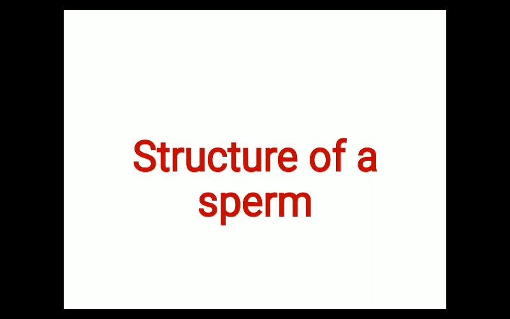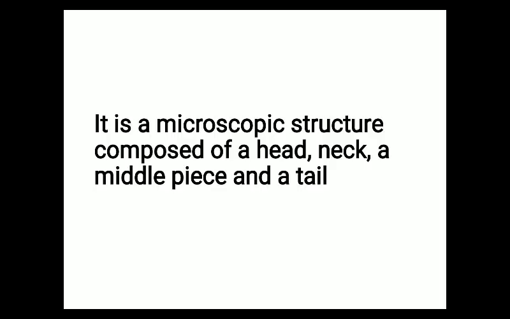Good morning, students. Today we'll study the structure of a sperm. Sperm is a microscopic structure. It is a flagellated motile structure composed of a head, neck, a middle piece, and a tail.